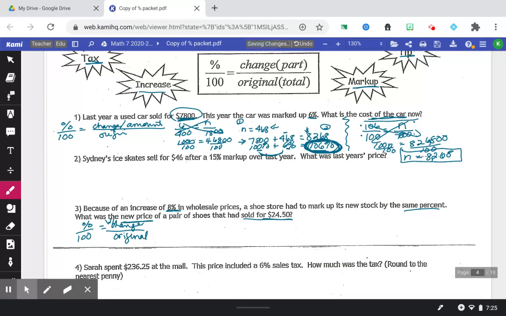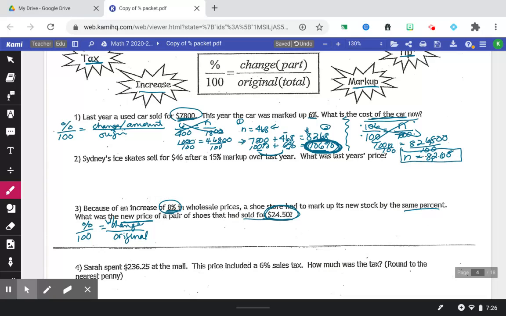Okay, so if I'm looking for the new price, okay, I'm going to take 100% of the original cost. And then I'm going to add on the 8% increase.